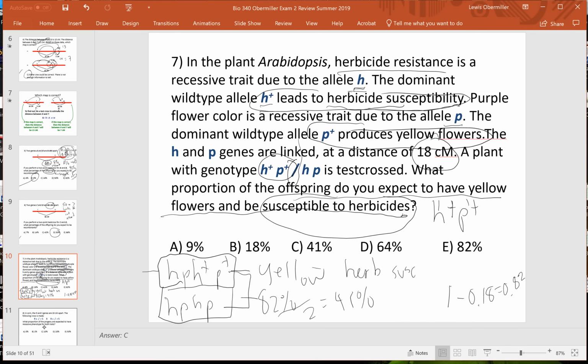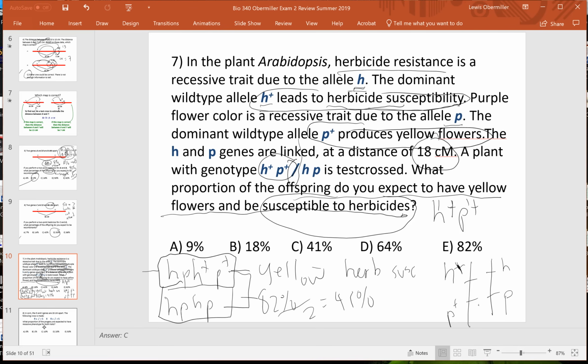All right. So now we're going to go back and we're going to do the other ones. So we know that this gene is linked. It's H plus. So the gamete has to be, the chromosome is H plus and P plus. This is the parental, h and p.